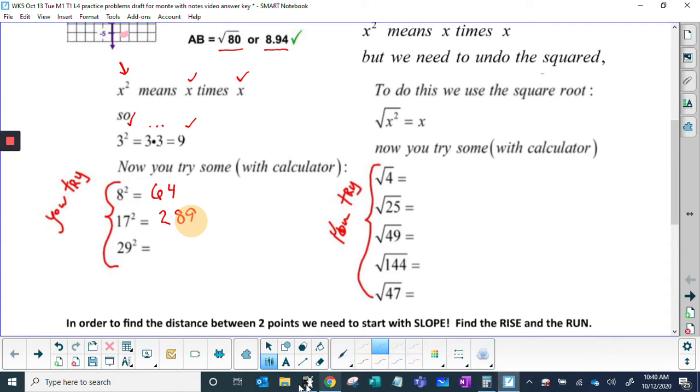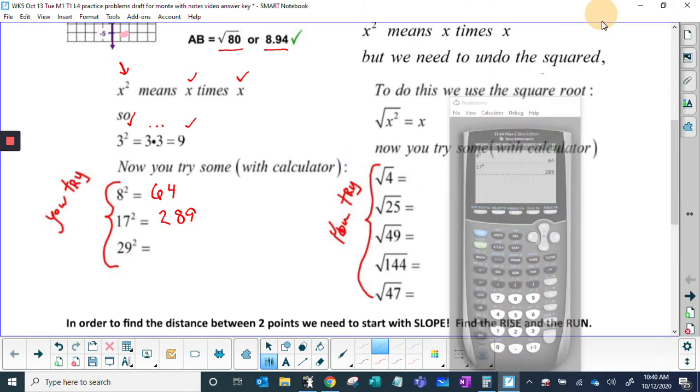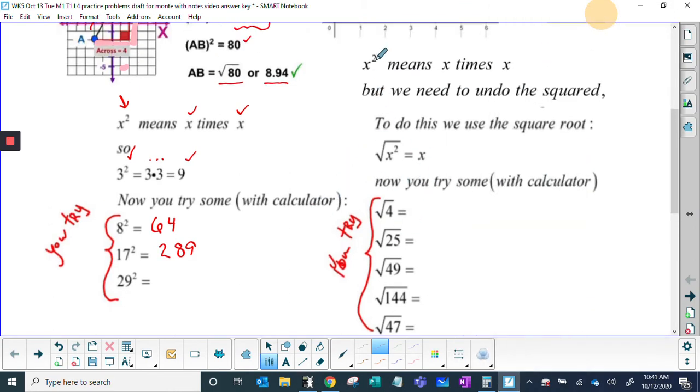Now we're going to step it up. Okay? What is the opposite of squared? If x to the 2 power means x times x, we need to undo the squared. What's the opposite operation of squared? What turns out is called the square root.